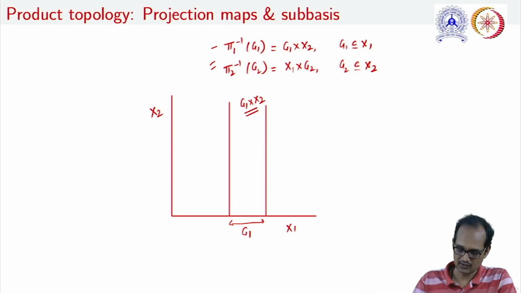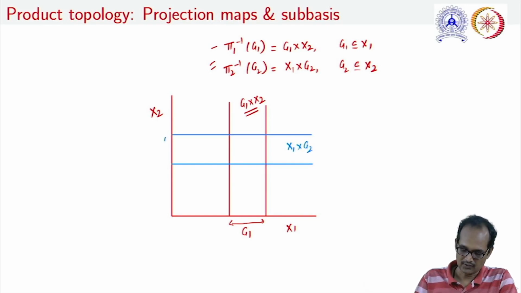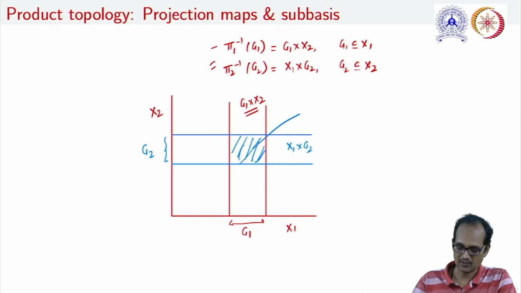Similarly, let us take this region, which is representing X1 cross G2, so actually this is a subset G2 of X2. From this diagram, it is clear that the intersection of these two is this particular region, and this region is nothing but G1 cross G2.